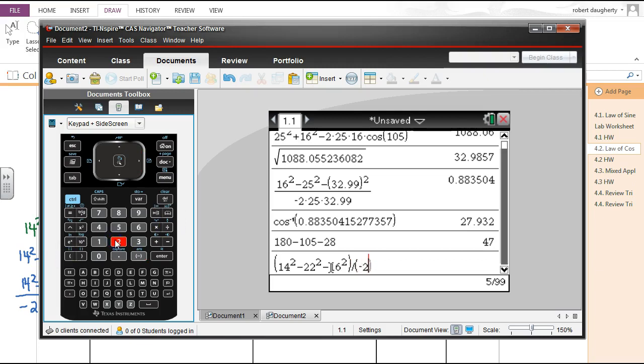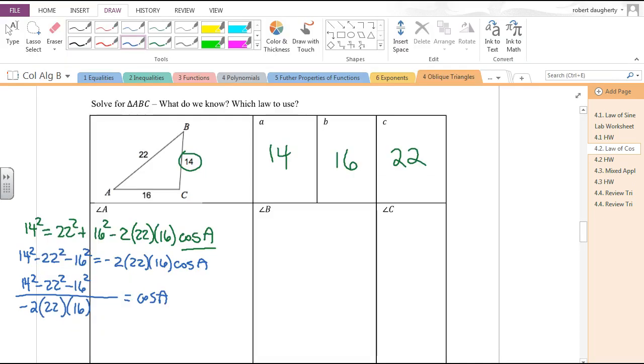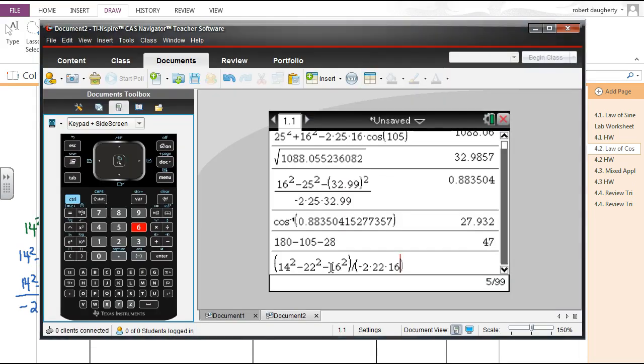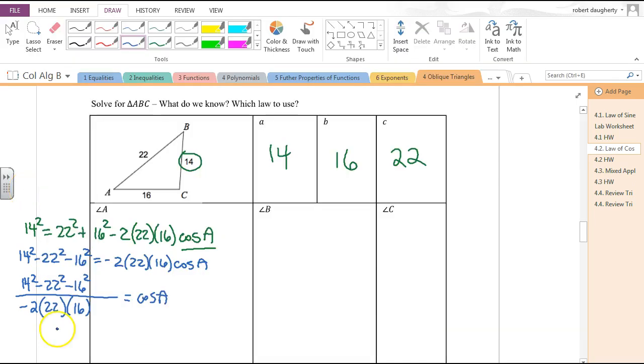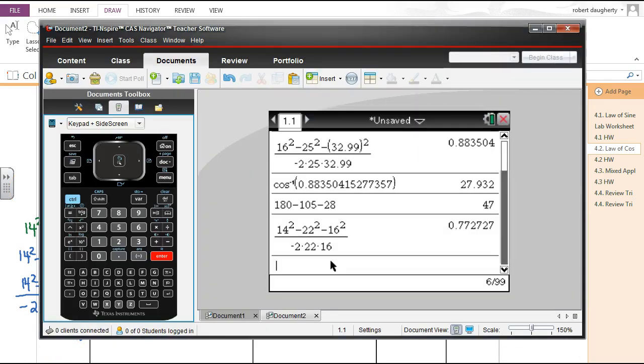Negative 2 times 22 times 16. Is that right? Negative 2, 22, 16. That is good. And there we go. 0.772727. So the cosine of A equal, was it 77? And there we go.